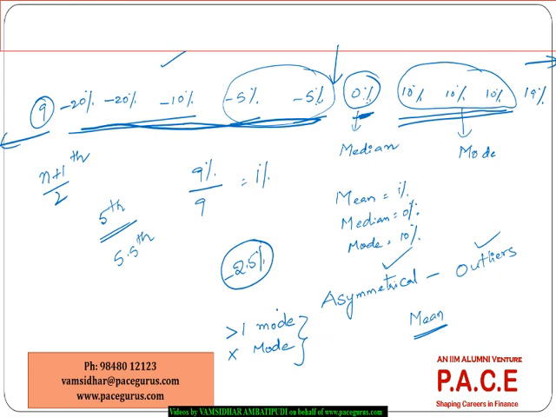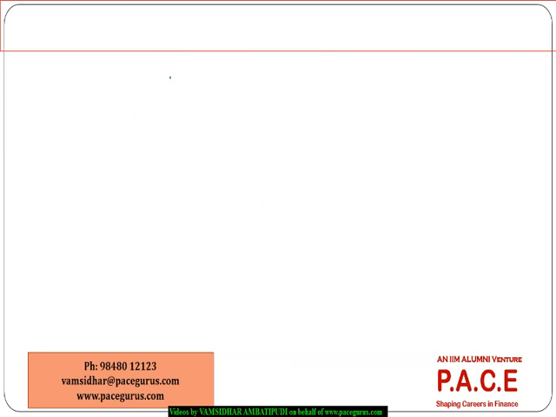In some cases it might be possible that the maximum frequency is shared by two or more values. Then it becomes multimodal, and if none of them are repeated, then it becomes no-mode. So that's how the mode goes, and that's the reason mode does not have too many usages in the world of finance and risk management.